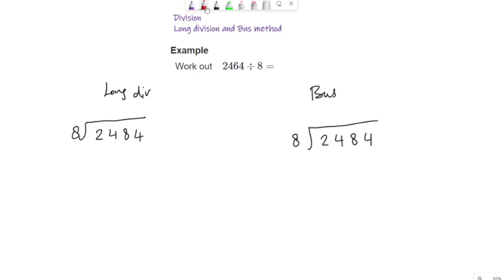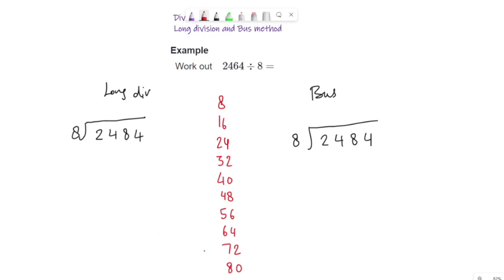Now to solve the division problem you must know the timetables. So we need the timetable of 8 here, so it's 8, 16, 24 and 80 in the end. So let's begin with the long division.